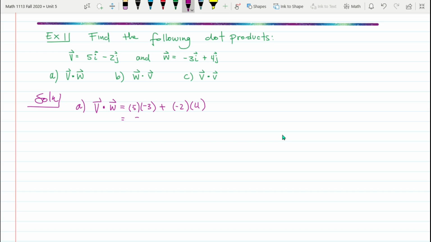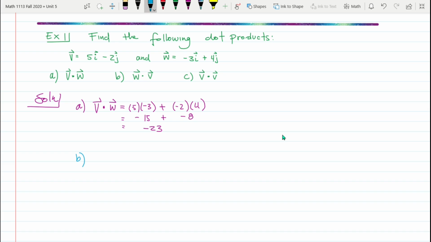If we do that, we get -15 plus -8. So -15 minus 8 is going to be -23. Okay? That's the solution, -23, for the dot product of v and w.